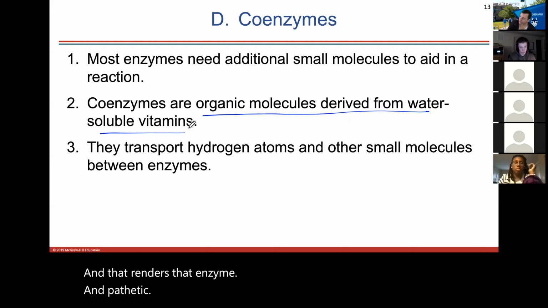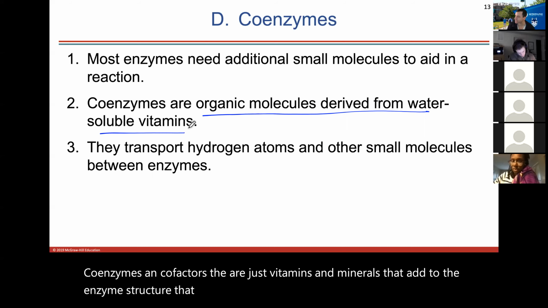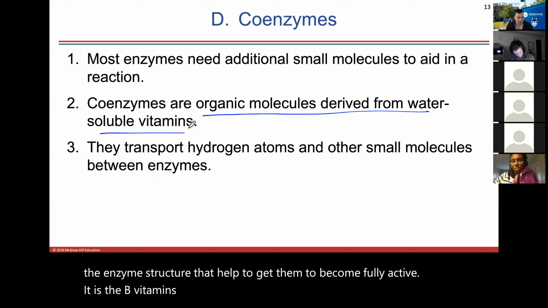Coenzymes and cofactors are just vitamins and minerals that add to the enzyme structure and help them become fully active. It is the B vitamins that you think of when you think of these coenzymes.